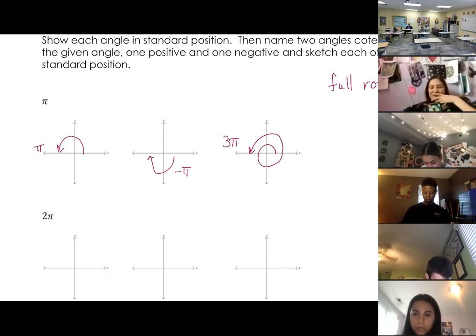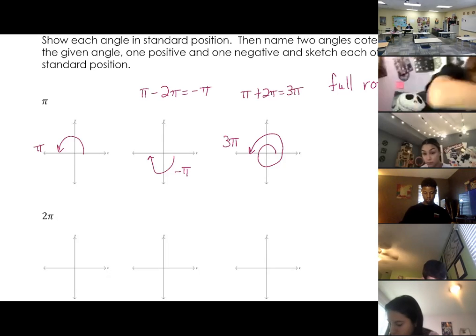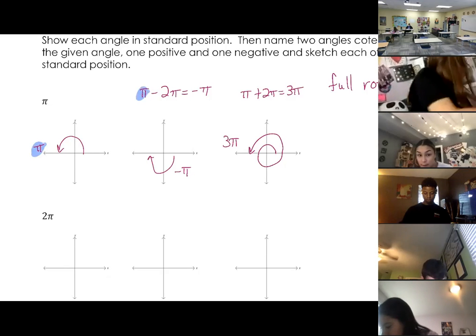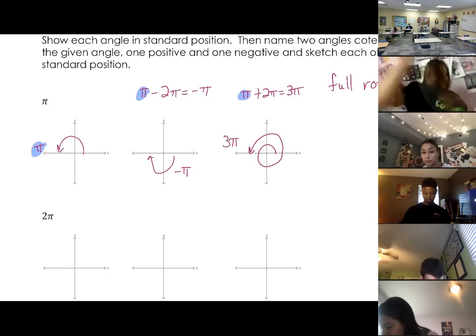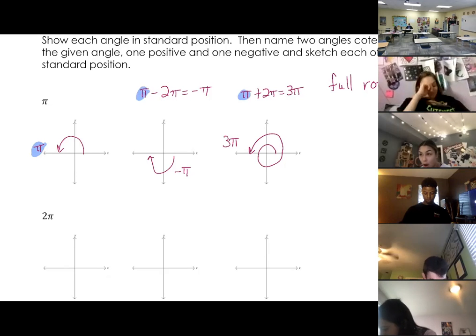So pi minus 2 pi gave me the negative pi. Pi plus 2 pi gave me the 3 pi. So the angle that I started with was pi, and then I added or subtracted 2 pi to get a coterminal angle.